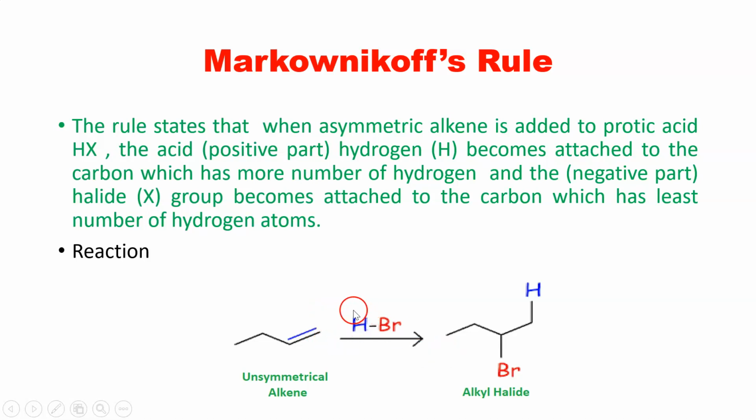The hydrogen positive part gets attached to the carbon which has more hydrogens, and the negative part, bromine or halide ion, gets attached to the carbon with fewer hydrogens, but only to a carbon of the carbon-carbon double bond. The bromine gets attached to this carbon having only 1 hydrogen, while the hydrogen gets attached to the carbon having 2 hydrogens, and we get an alkyl halide product.